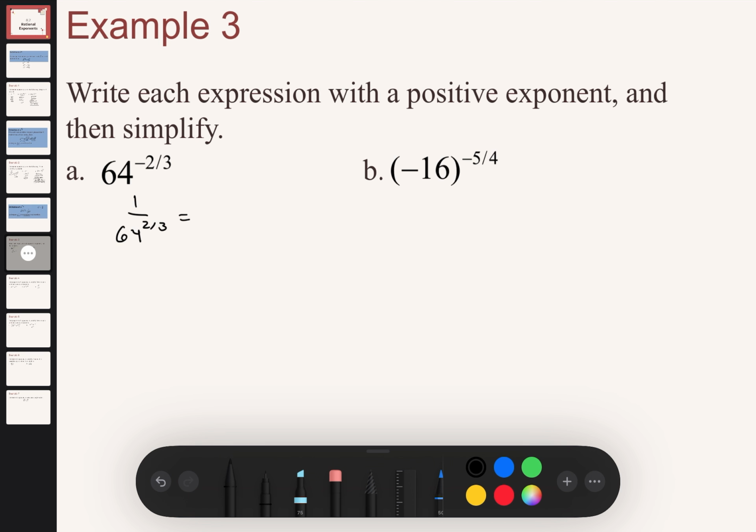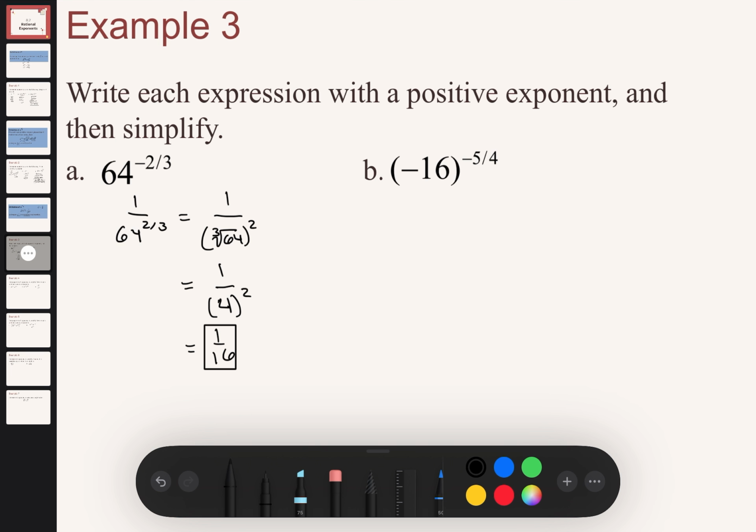That is a perfect cube. So the cube root of 64, and then I'm going to square that. What is the cube root of 64? Hopefully you said 4. It is 4. And then what's 4 squared? Hopefully you said 16. That's exactly what we're looking for here, okay?